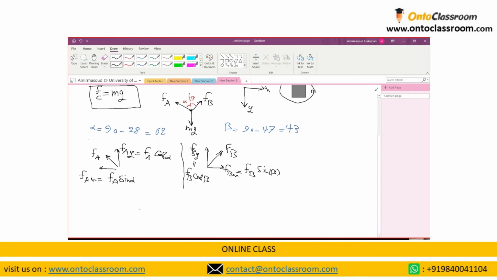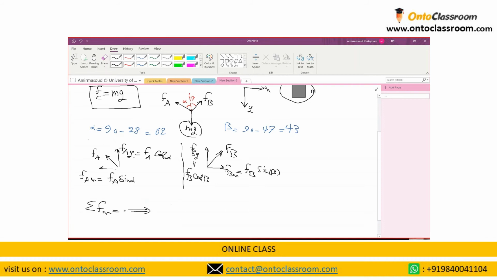Now if I write the equation in direction of x, summation of Fx is equal to 0. We have just elements of FA and elements of FB, because this one is just in y direction. So I consider the x in this direction.